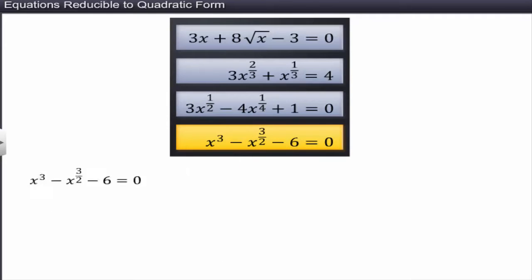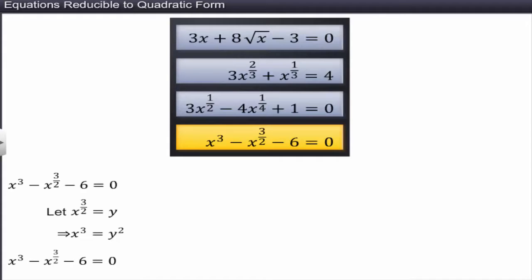Moving on to the last one. To reduce it into a quadratic equation, we substitute x raised to the power 3 by 2 by y. This implies that x cubed is equal to y squared. Using this substitution, the given equation can be written as y squared minus y minus 6 is equal to 0, which is a quadratic equation.